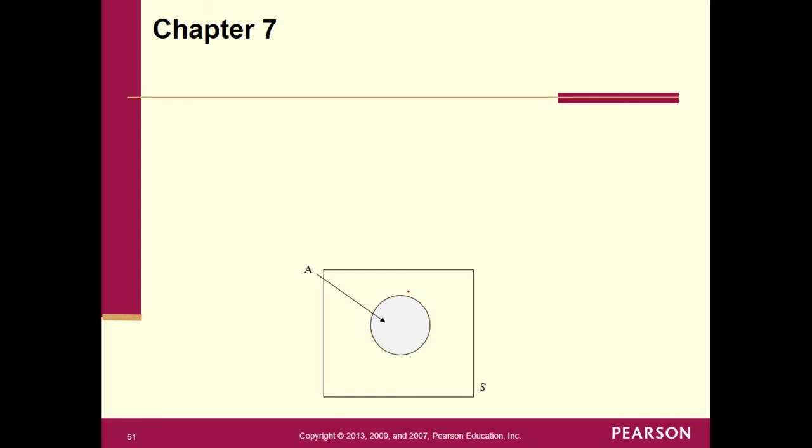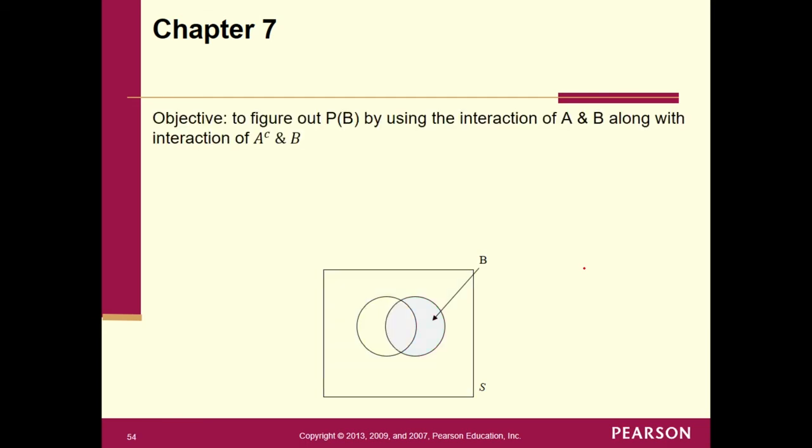Here's a sample space. Here's event A. Here's the complement of A. Here's B. And so the objective here is to figure out the probability of B by using the intersection of A and B along with the intersection of the complement of A and B. And it's a little bit easier than you think.